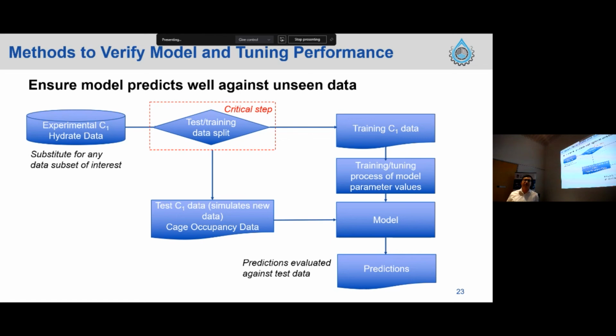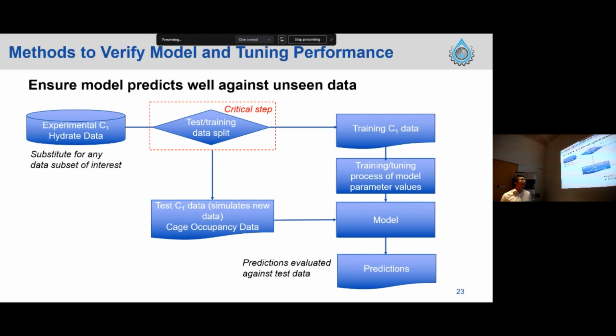So in terms of the methods to verify model and tuning performance, this is sort of a method that's borrowed from machine learning concepts. But the idea is that when you have experimental data, it's important to be able to verify the model performance against test data that the model has never seen, and then use a set of training data to tune the model parameters against. So the idea is that you split your, in this case, methane hydrate data into these two subsets of training and test data.